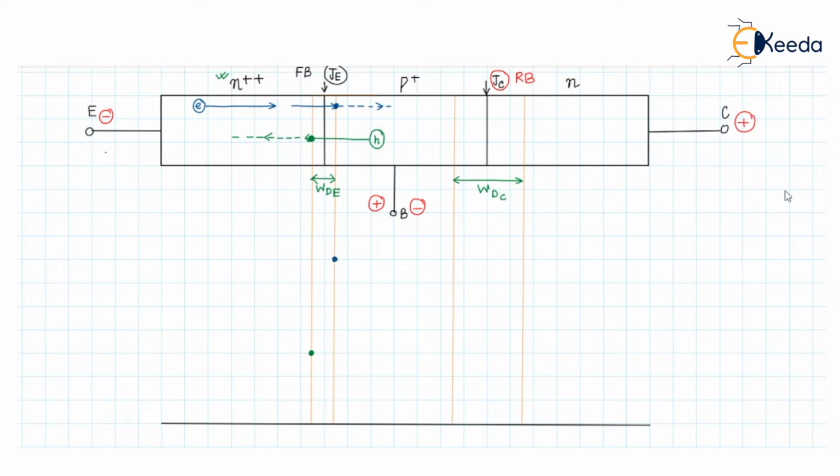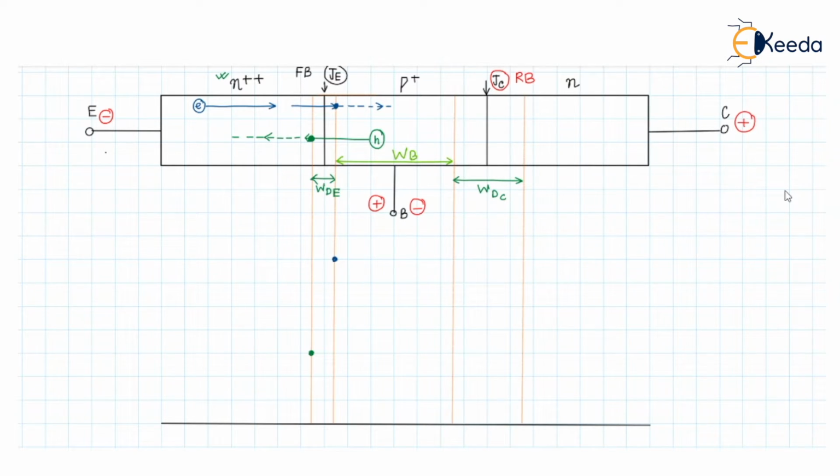Now, if we denote the base width like this, this region is the width of the base region WB.